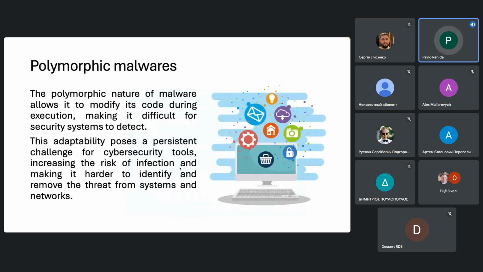Malware today has become highly adaptive, and one of its most dangerous characteristics is its polymorphic nature. This means it has the ability to modify its own code during execution, effectively changing itself to avoid detection. This adaptability creates a significant challenge for traditional security systems and detection approaches.